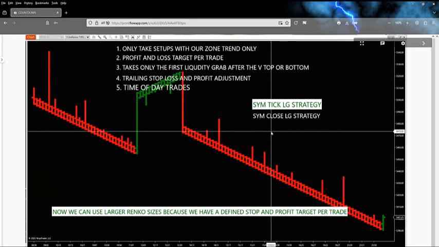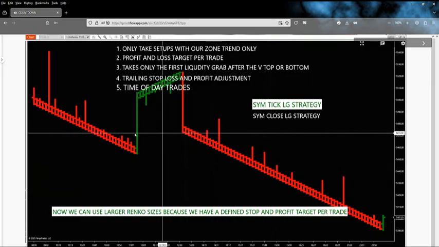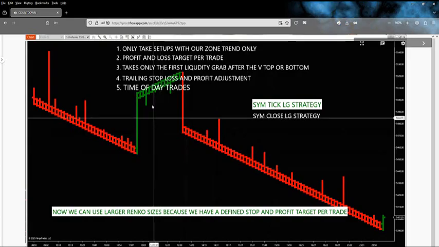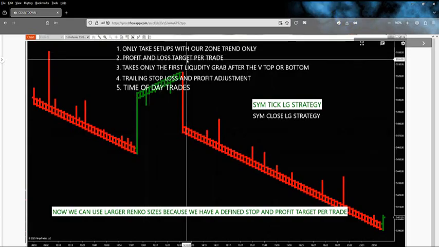If I use a 150 Renko bar type, that means on a sim close, I got to have 150 stop loss ticks, right? Not anymore. So you can adjust your tick trend by doing a profit and loss per trade now, not per close, it's per tick.